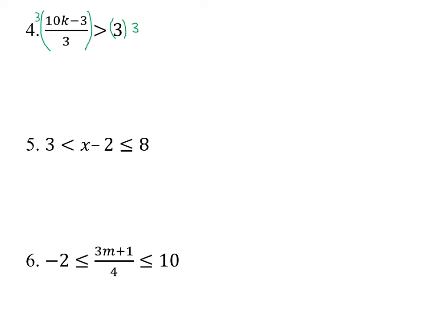Now the 3 that I'm multiplying by is positive, so that will not affect the inequality sign. This 3 will cancel this 3 completely and leave you with a 1 left over. That 1 gets multiplied times the stuff on the inside. And we kind of did this process already. And so this will just leave me with a 10k minus 3 is greater than 9.